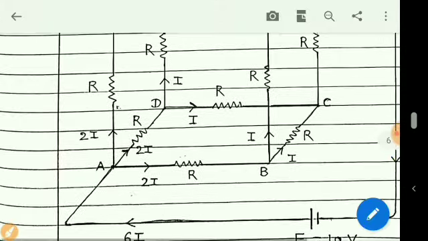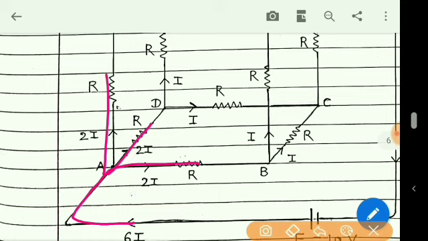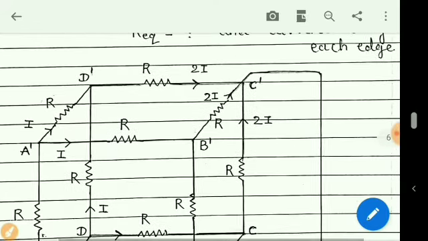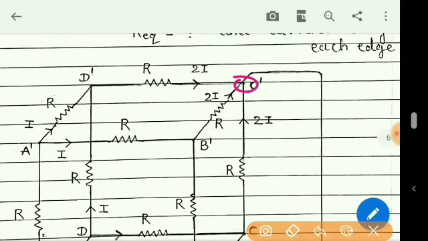Then here this 6I divides into three branches, 2I, 2I, 2I. Similarly at point C dash, you can see the currents meeting are also 2I, 2I and 2I.